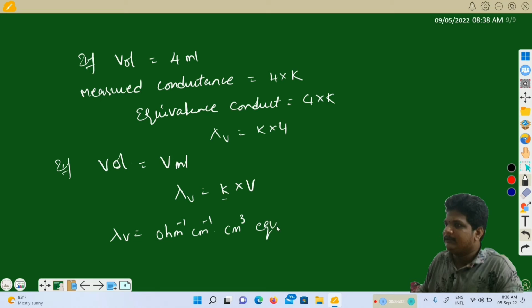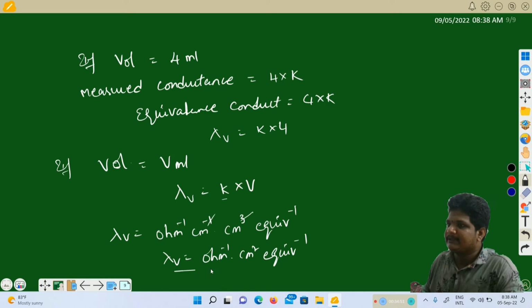The centimeter inverse and cube partly cancel, and we get lambda V in ohm inverse centimeter square equivalent inverse.